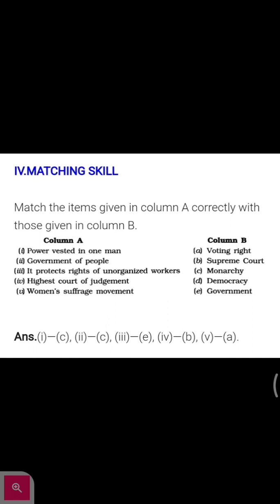It protects rights of unorganized workers: Government. And third one with E option, government. Fourth one, highest court of judgment, Supreme Court. Fifth one, women's suffrage movement, A option, voting right.